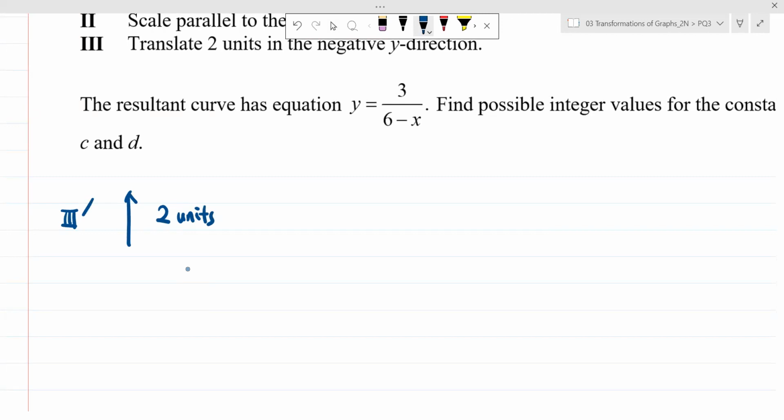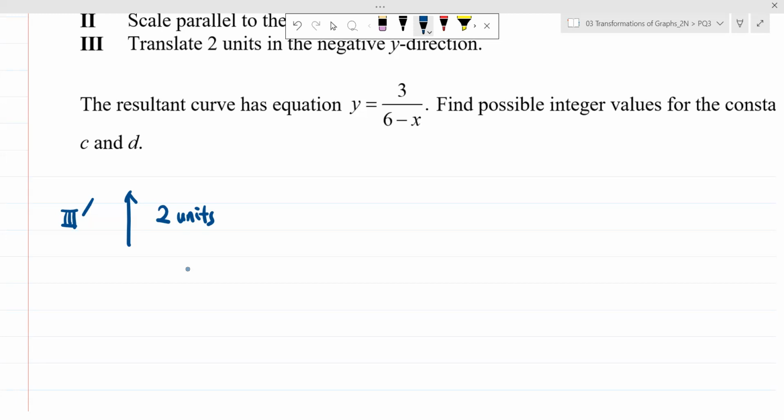When we reverse our transformations, number one, we reverse the order of the transformations. Number two, we reverse the direction of the transformations, or the magnitude, depending. For translation, we only reverse the direction. We don't reverse the magnitude.